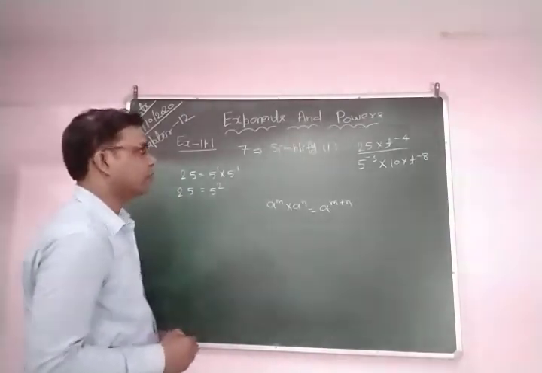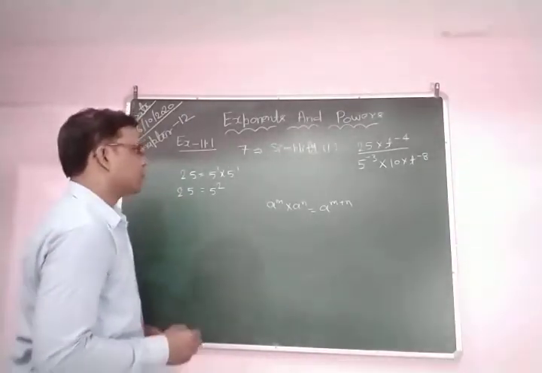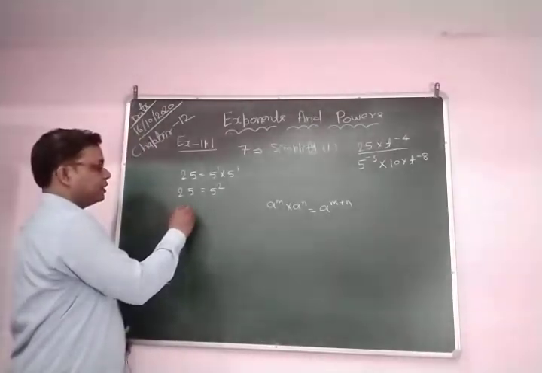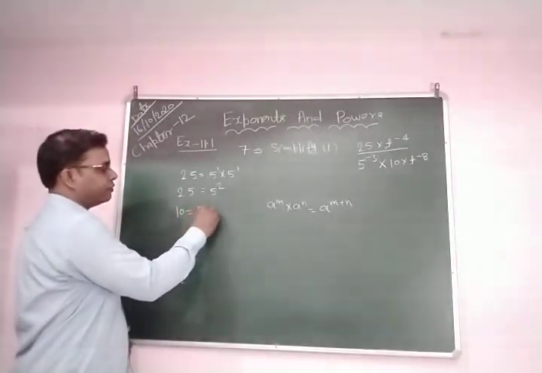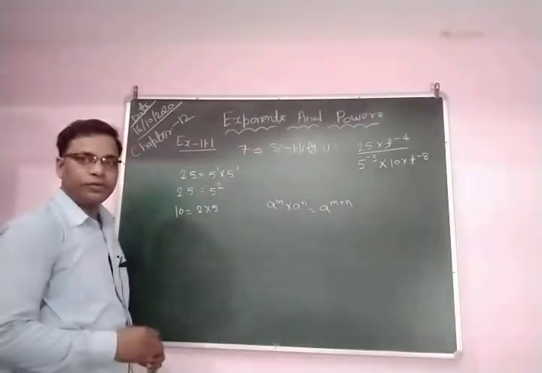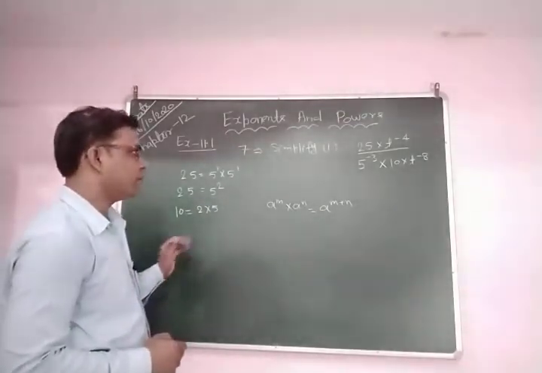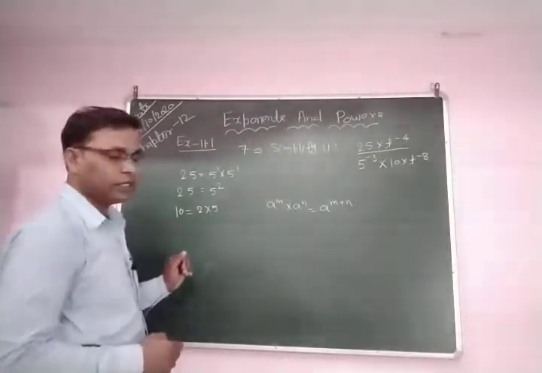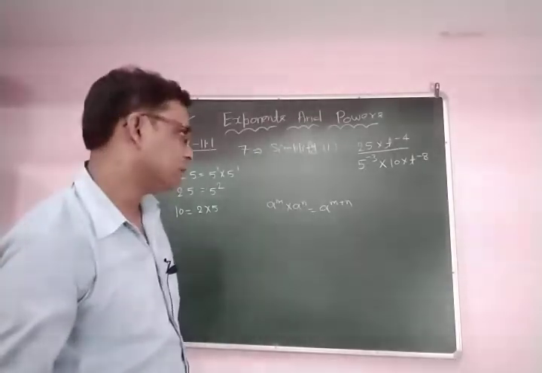This is clear. Now you can write 10. What is 10? 10 is equal to 2 into 5. You can write 10 is equal to 2 into 5. This is clear. So this is our given question.